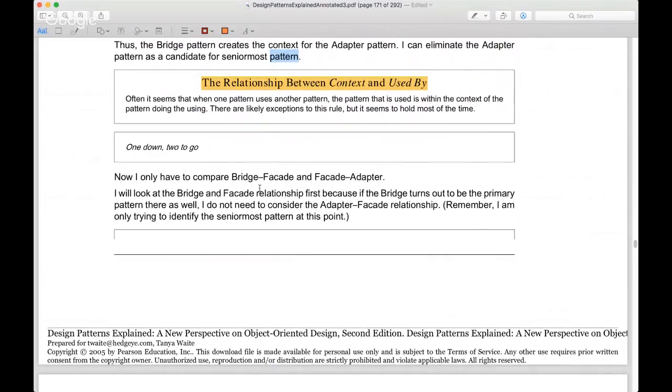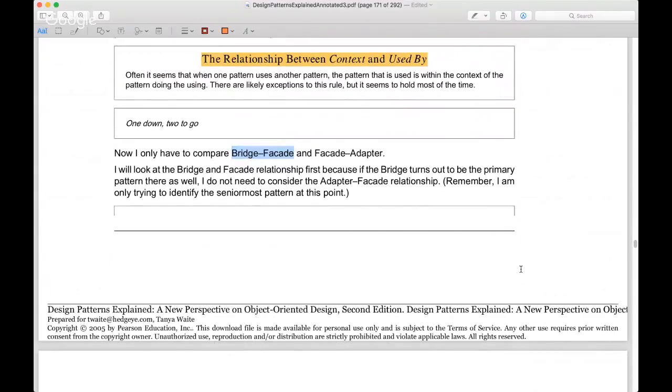Okay, so we have a bridge and facade. Because he suspects that the bridge turns out to be the primary pattern there, I do not have to consider the adapter facade relationship. So by picking the bridge facade first, he won't have to worry about the facade adapter.